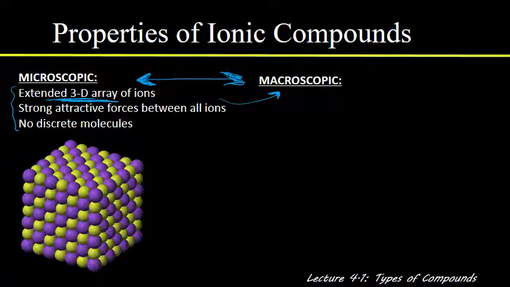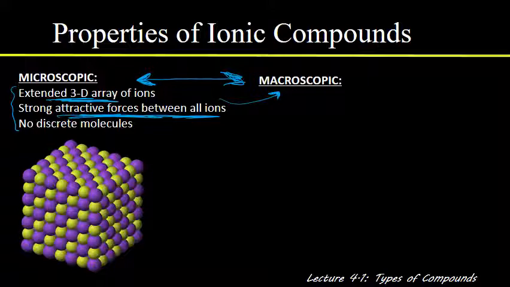This electrostatic force is a fairly strong force. It forms an attraction between all of them. But, and this is kind of important, there are no discrete molecules. So we wouldn't say that that's one molecule there and that's one other molecule here. It's really just one big array of positive and negative ions.